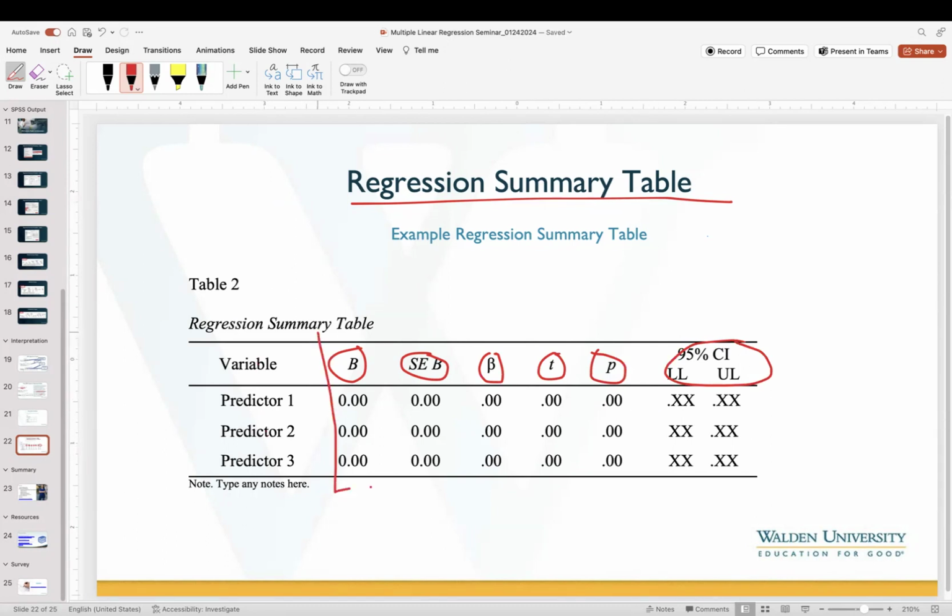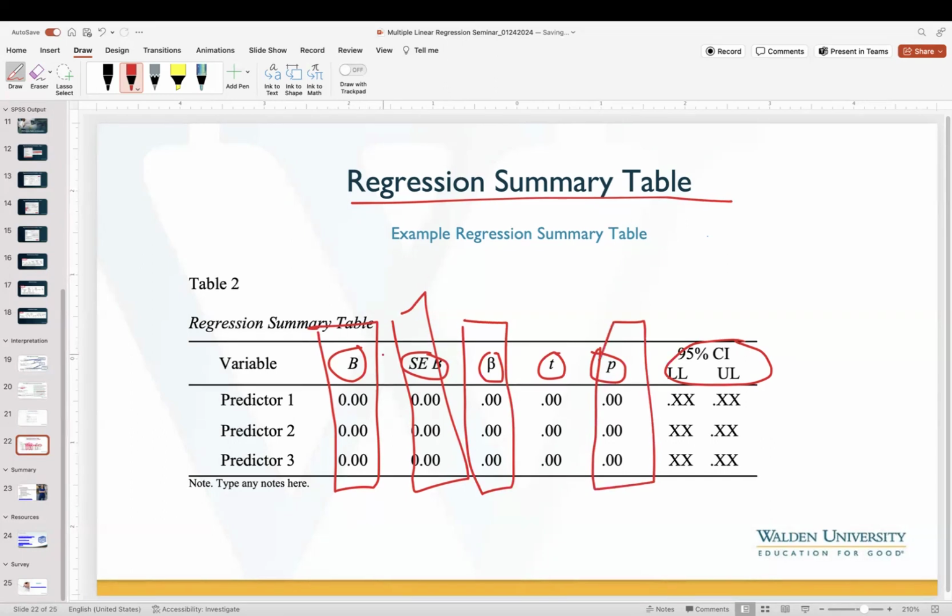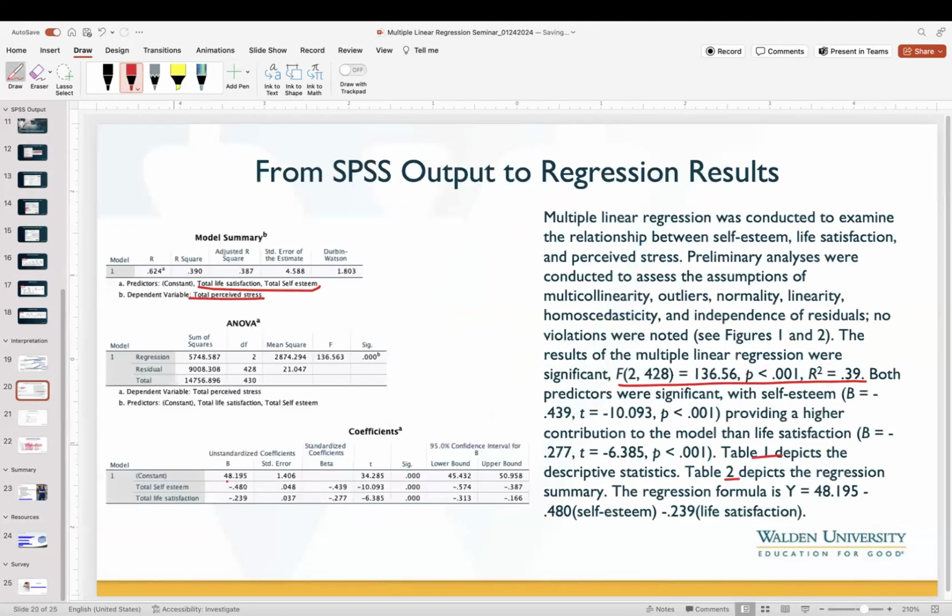So remember, this would be your slope that you would take right from the output, your standard error of your slope. Here's your unstandardized coefficient, etc. The significance value. And you would just simply be taking that information from a table here and putting it into an APA table. Does everybody understand that? And that's multiple linear regression in a nutshell in an hour or less.